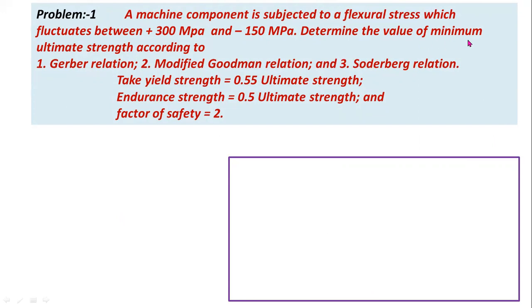Determine the value of minimum ultimate strength according to Gerber method, modified Goodman method and Soderberg method. Take yield strength equal to 0.55 times the ultimate strength, endurance limit equal to 0.5 times the ultimate strength, and factor of safety equal to 2.